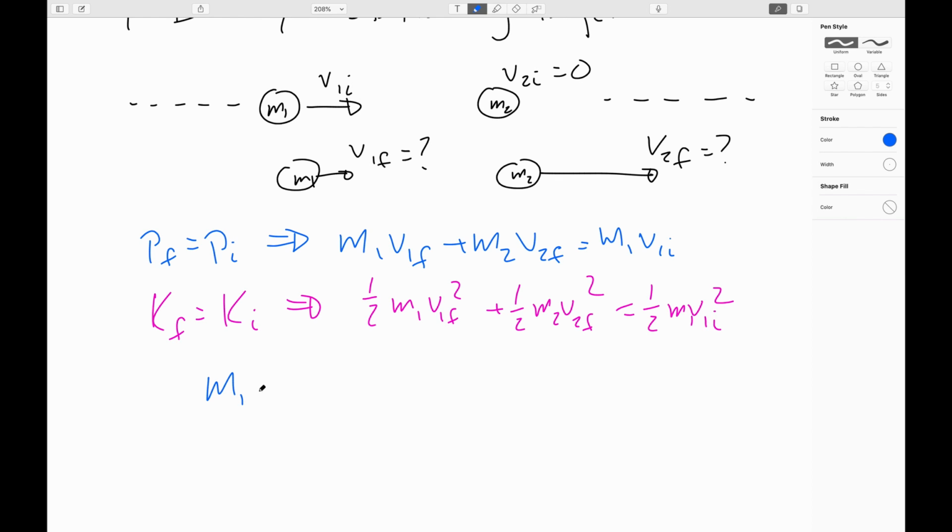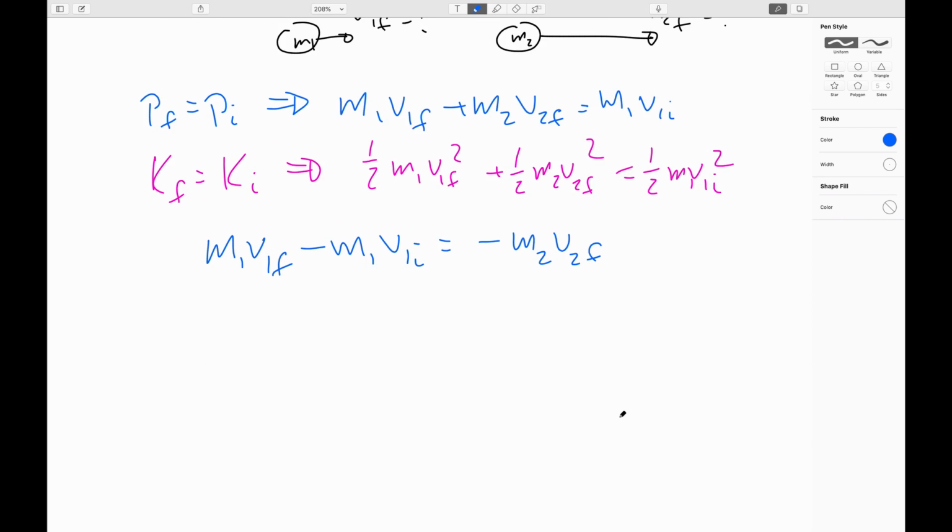That gives me M1 V1 final minus M1 V1 initial equals minus M2 V2 final. And what that gets me is I can group this out: M1 times (V1 final minus V1 initial) equals minus M2 V2 final.